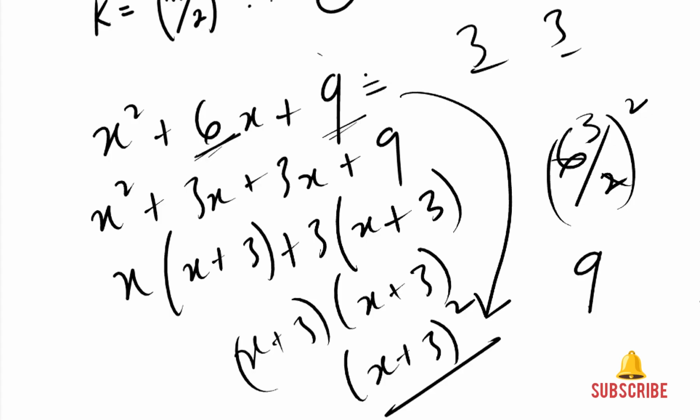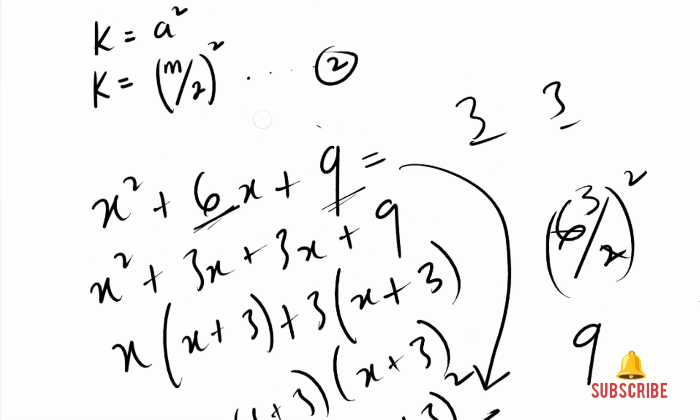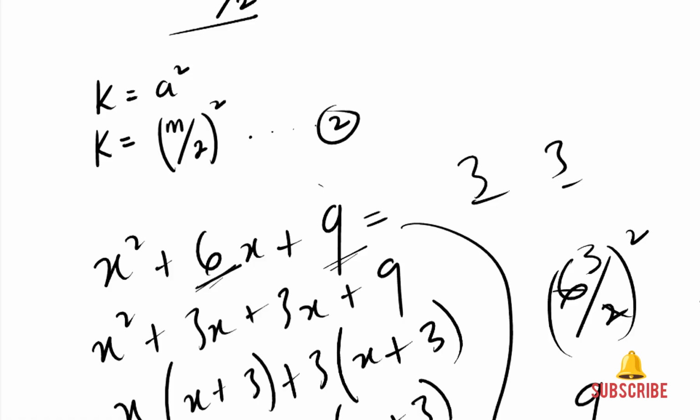So let's just look at how we can deal with that. Over here there's a relation like k is equal to a square.